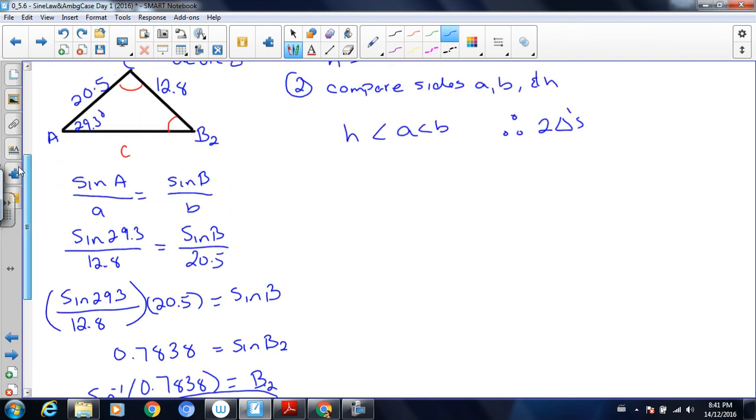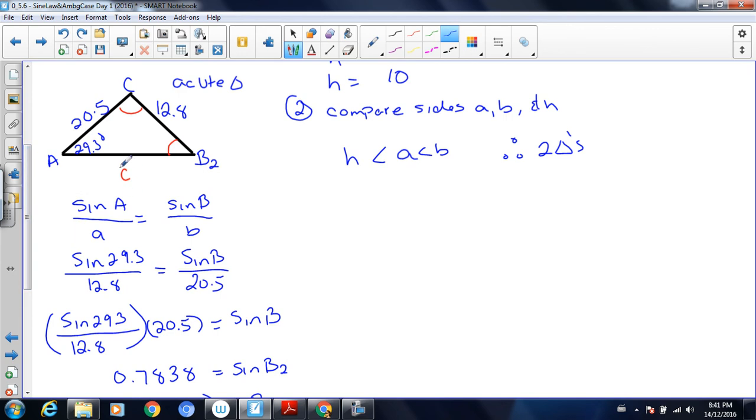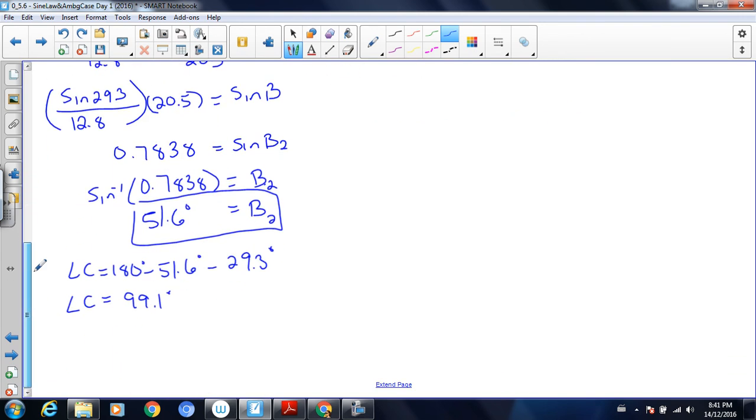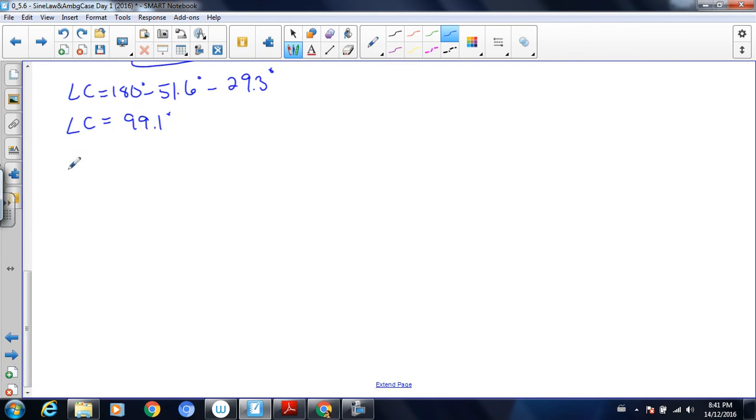Now I have angle C. I need to figure out my last piece of information, side C. The reason I solved for angle C first is because I need that angle to help me with my side angle pair when I set up the ratio for sine C over C. So now I'm going to set up my ratio. I'm going to do the sine law again.